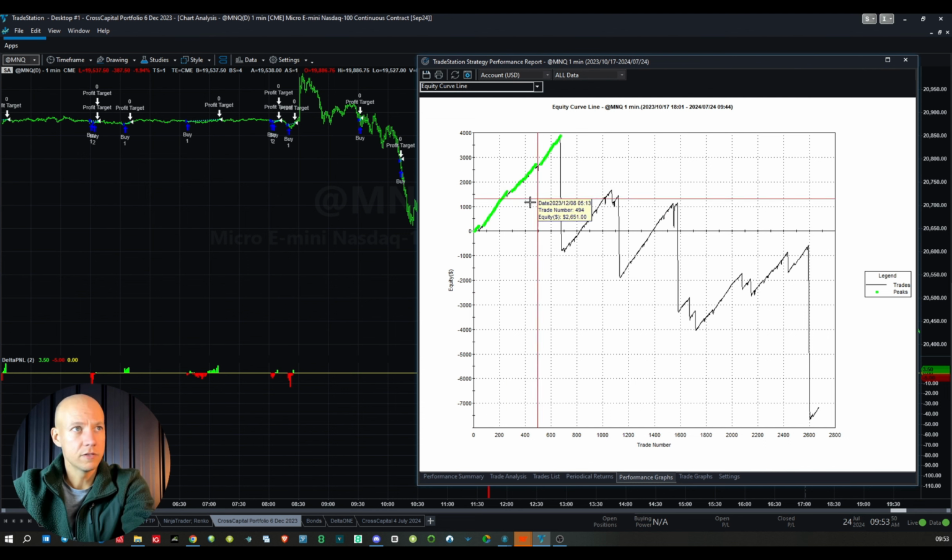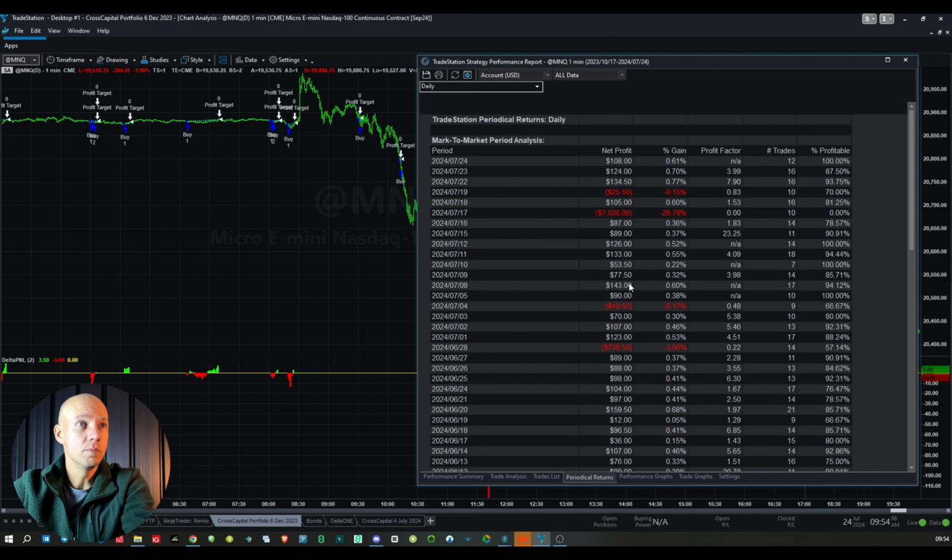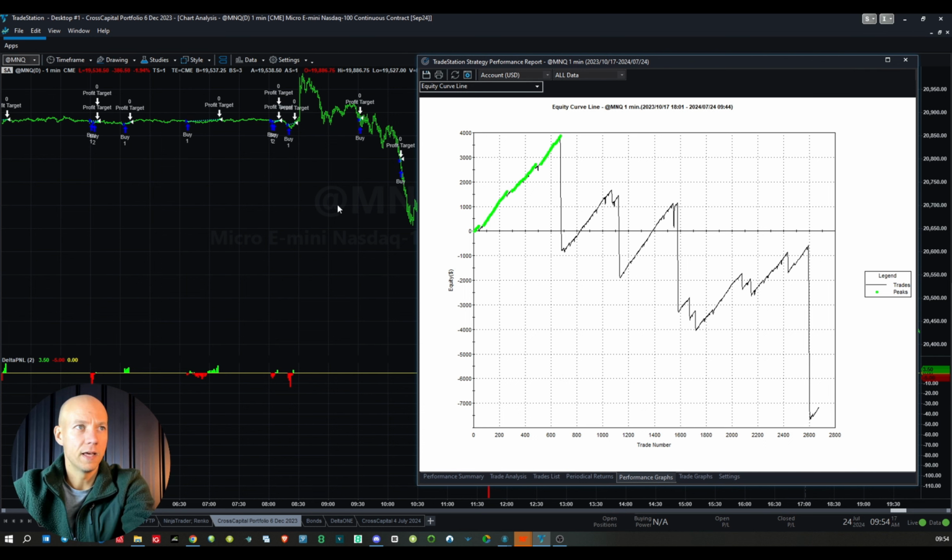That's almost 3 months, and you get this nice uptrend in the equity curve. It happens where you get a nice 3-4 month streak where you make profit every single day. In these specific settings, you make on average $70, $80, $100 per day, but you get those massive drawdowns.